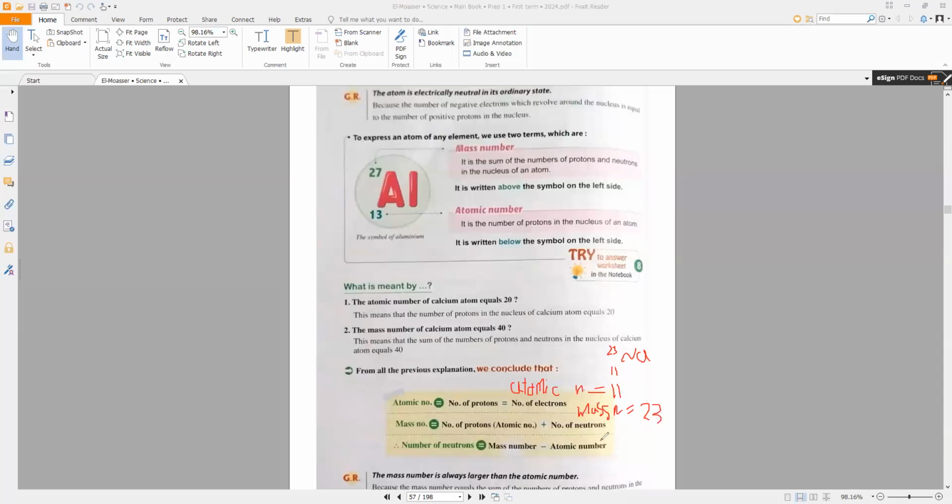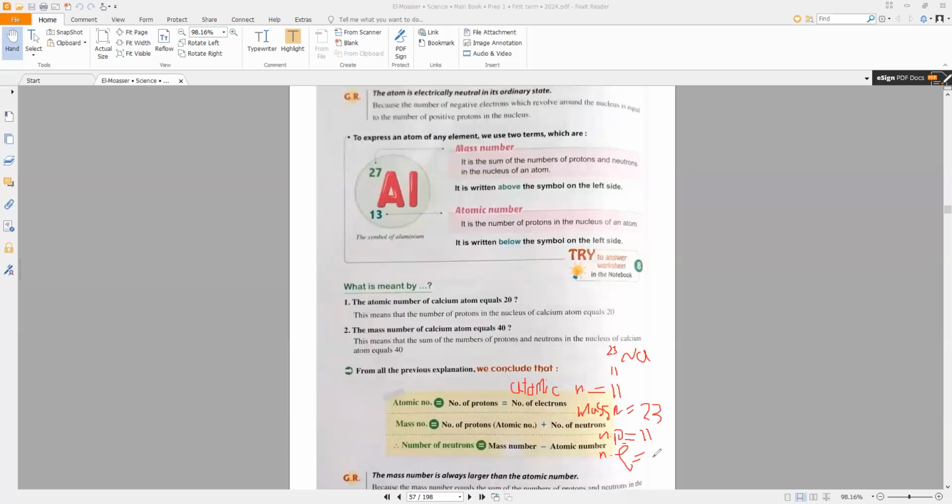Number 3, I want to calculate the number of protons. The number of protons equals the atomic number, because the atomic number is the number of protons. So the number of protons is 11. The number of electrons in the ordinary state, or the stable state of the atom, equals the number of protons, which equals the atomic number.